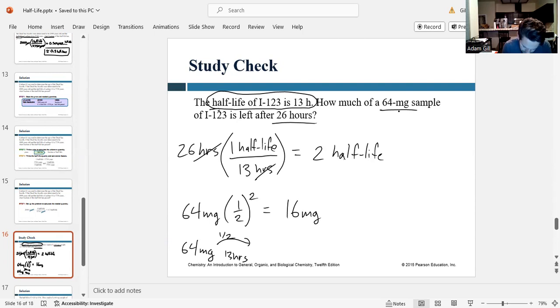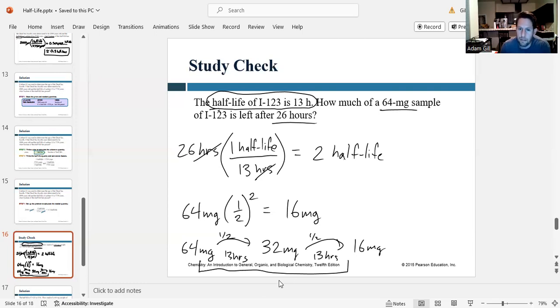That'll be 32 milligrams. And then another half-life or another 13 hours, and that'll cut in half again to 16 milligrams. And so the total time is 26 hours. And that was 2 half-lives. So final answer, 16 milligrams.